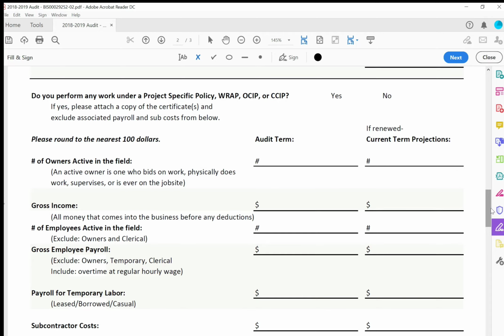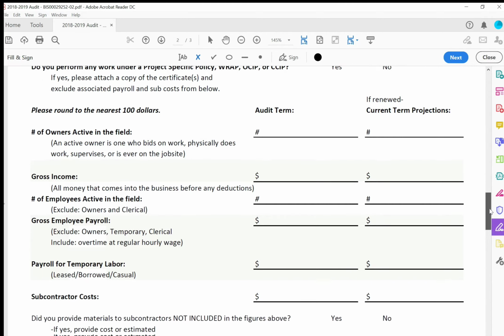So gross income is total sales. You're not deducting anything off. This is just the total net.